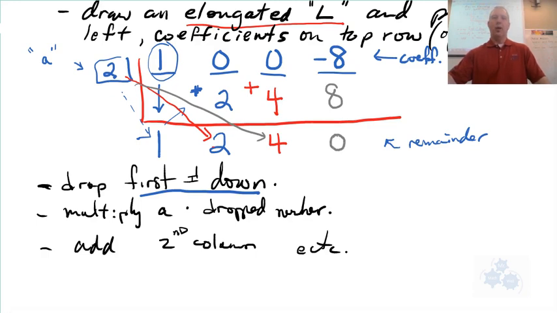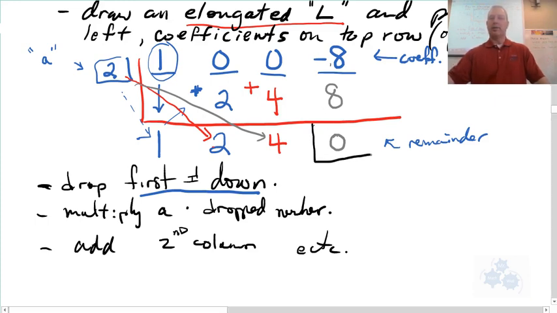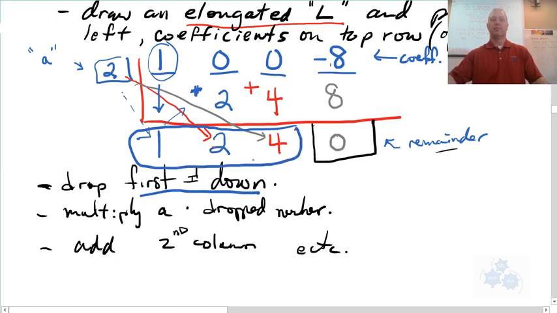One thing I forgot to mention that I always do is I put a little box underneath the last term. I always do that because it helps me remember that this number in here is going to be the remainder. So these are the coefficients for the quotient, and this is the remainder.